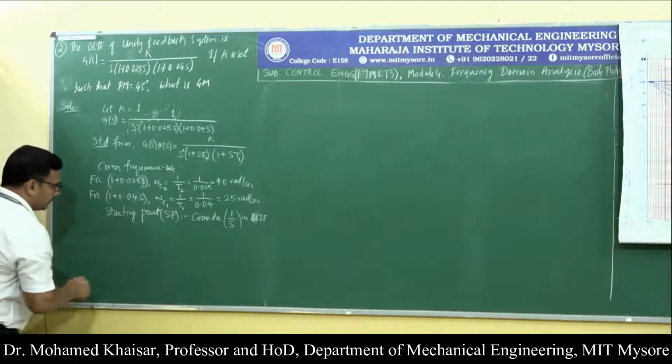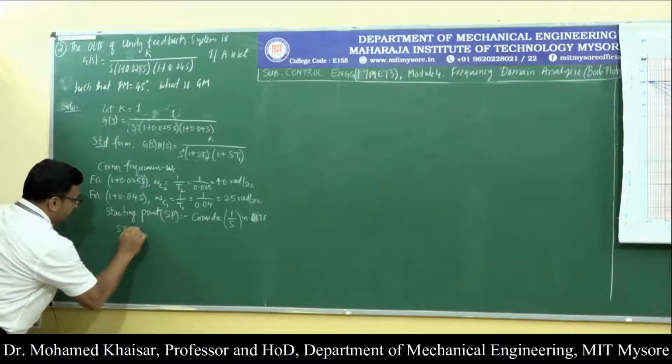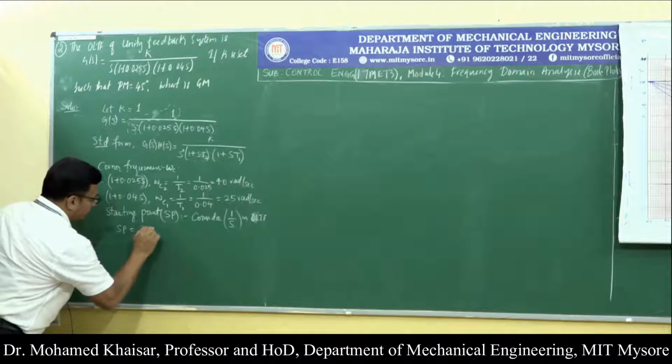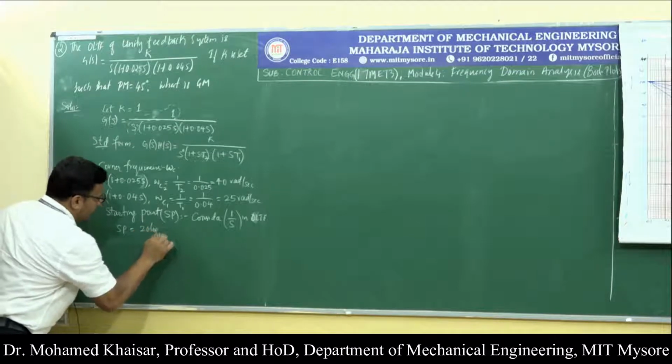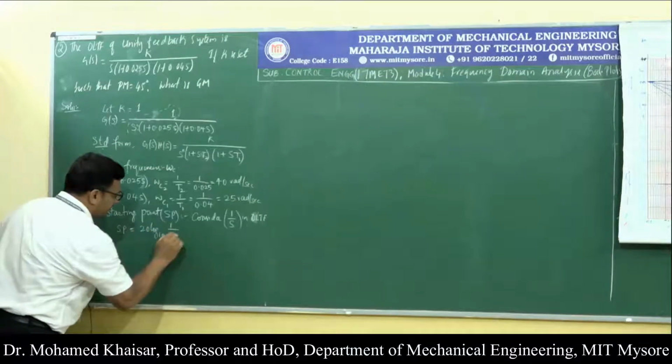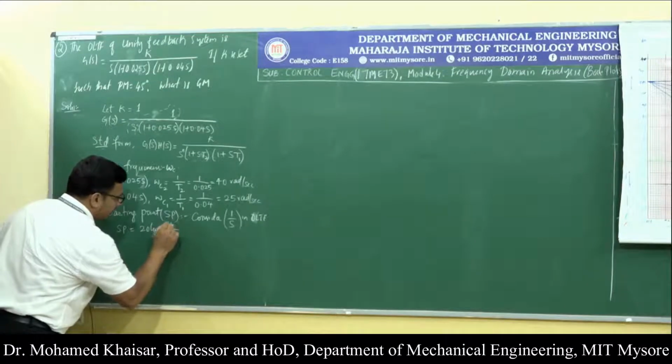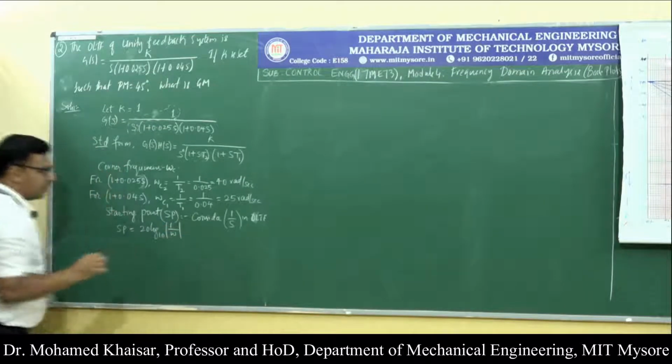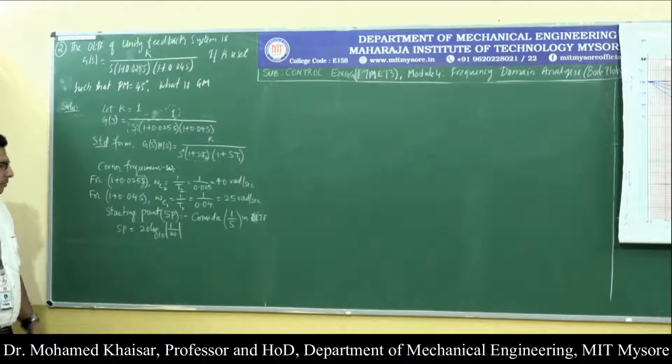Now SP will be equal to 20 log to the base 10 of 1 by omega, because S can be written as j omega.